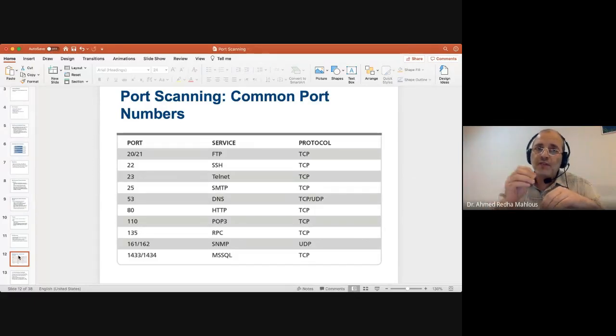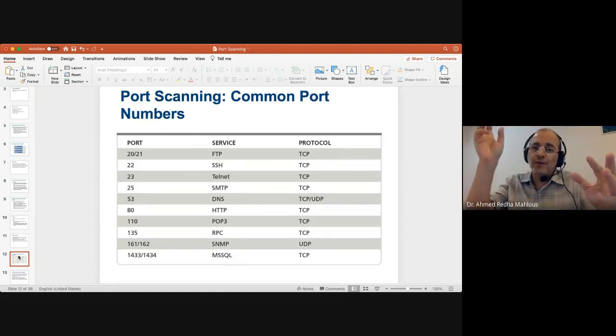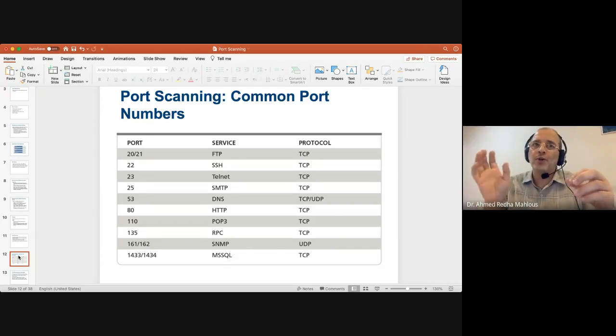If you get a filtered port as a result, that probably means there is a firewall preventing you from probing the port to verify whether it is open or closed, because we didn't even get in touch with that port.